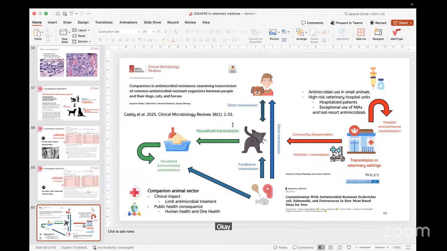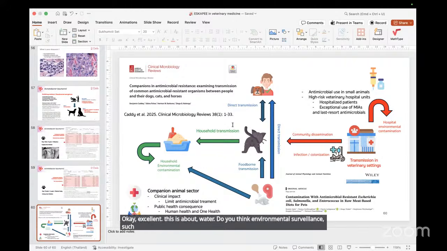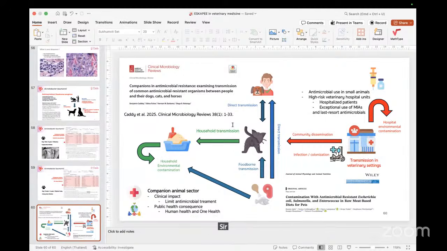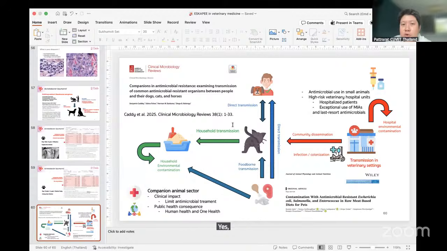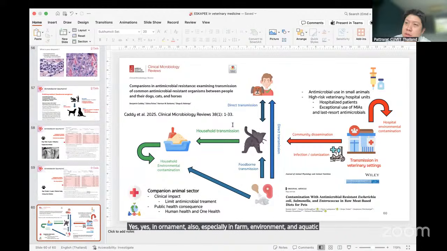Okay, Ajahn. This is about water. Do you think environmental surveillance such as wastewater monitoring should become a routine part of One Health AMR surveillance in the future? Yes, in the environment also, especially in the farm environment and in aquatic, right?